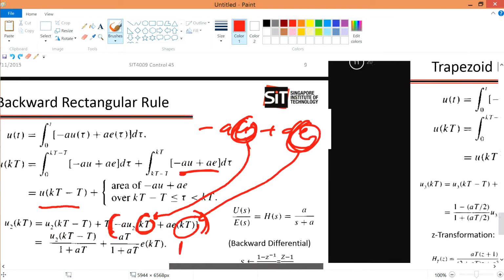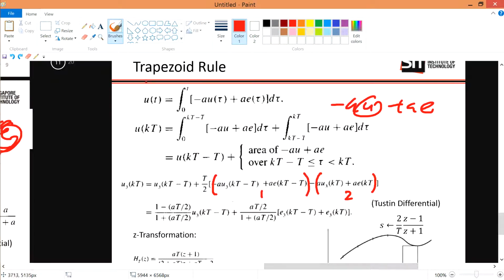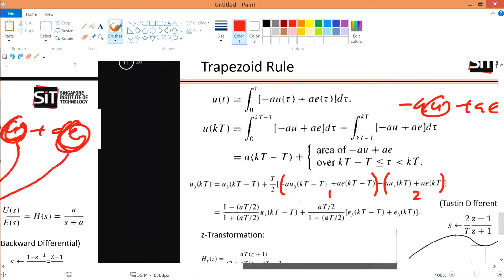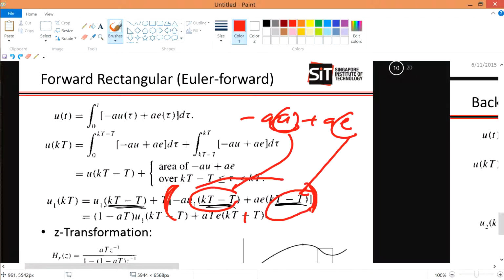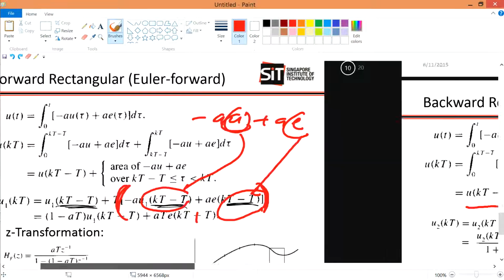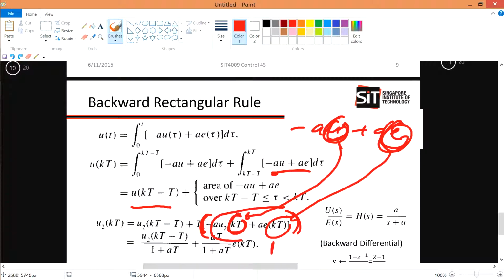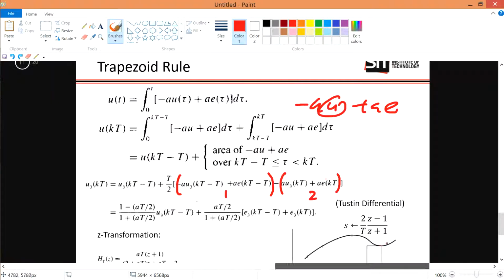In other words, for your trapezoidal rule, you can somewhat say that you're taking your forward, which is this one, minus away your backward, giving you this thing. So this is your forward minus your backward giving you your trapezoidal. But there's totally no meaning to it.